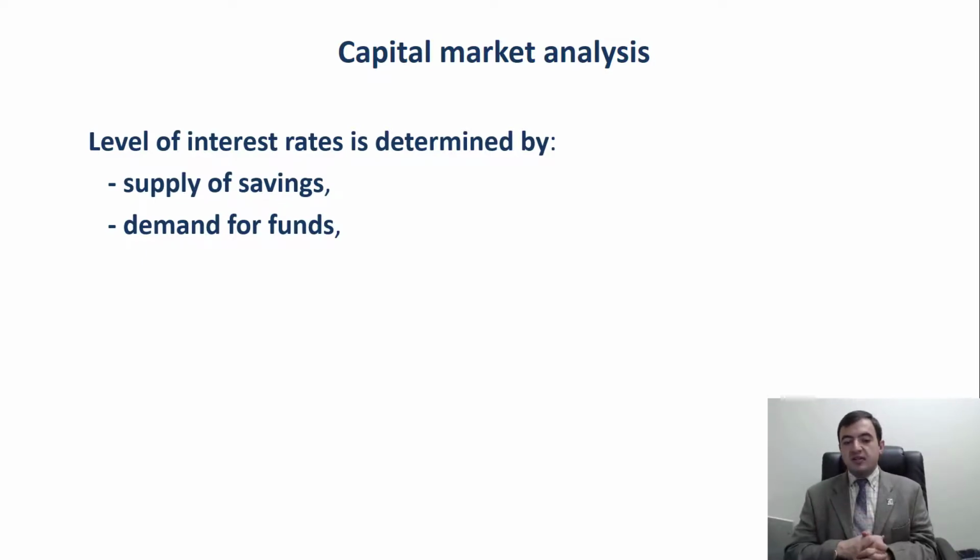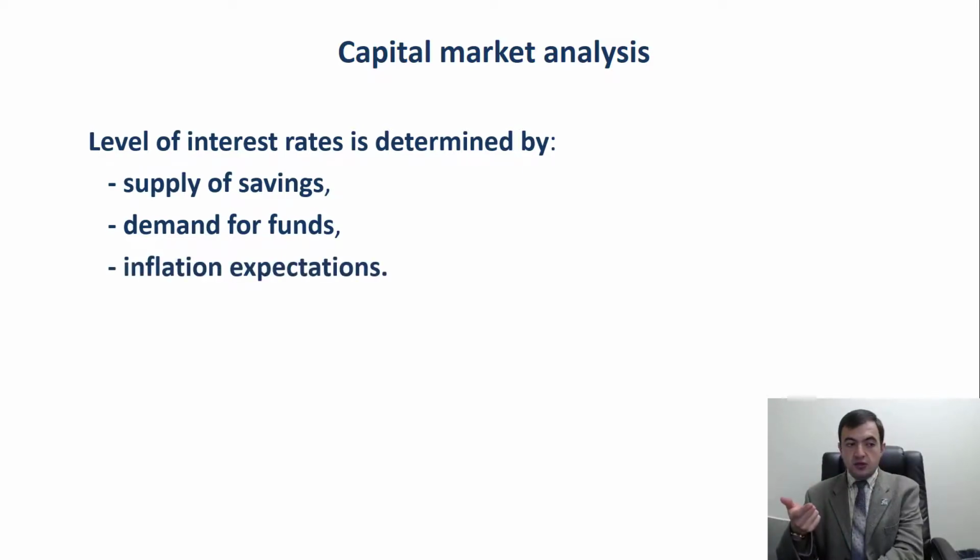Also, another factor that affects interest rates is inflation. So in order to predict future interest rates, we need to look at the supply of savings, the demand for funds, and also we need to have some expectations of future inflationary growth or decline.